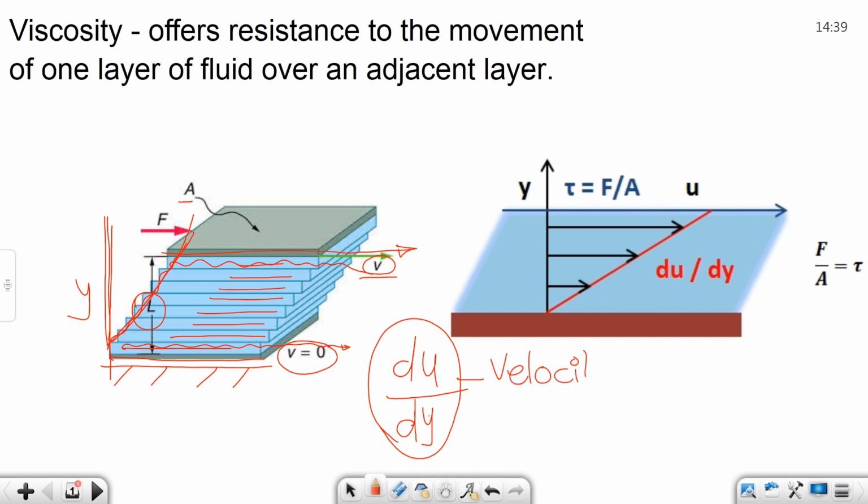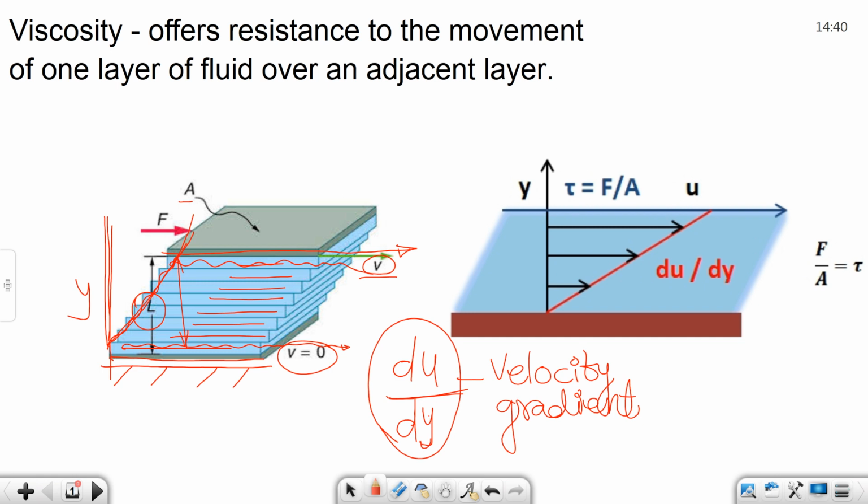Why velocity gradient? Because velocity is changing with respect to the height of the film thickness. Instead of plate, you can say this is the gap of film or liquid fluid present between the two plates. So this is velocity change du with respect to the parameter y across the plate.